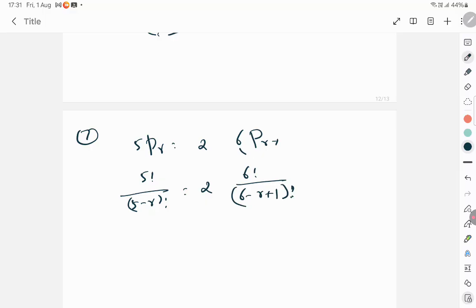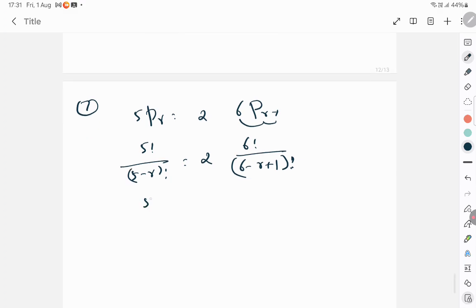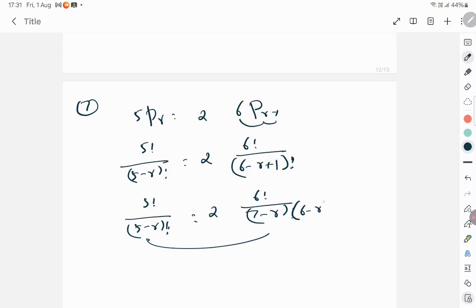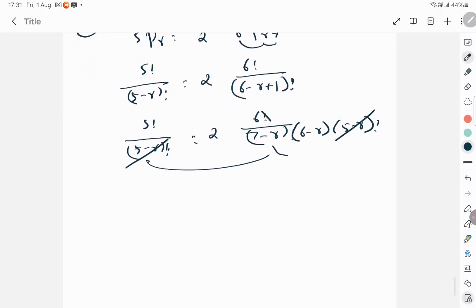So this will become 5 factorial by (5 minus r) factorial is equal to 2 into 6 factorial by (7 minus r) factorial. Just compare this and this. You can write it as (6 minus r) into (5 minus r) factorial, reducing 1. So this gets cancelled. And this can be written as 6 into 5 factorial. So that 5 factorial gets cancelled. So now what are you left with?